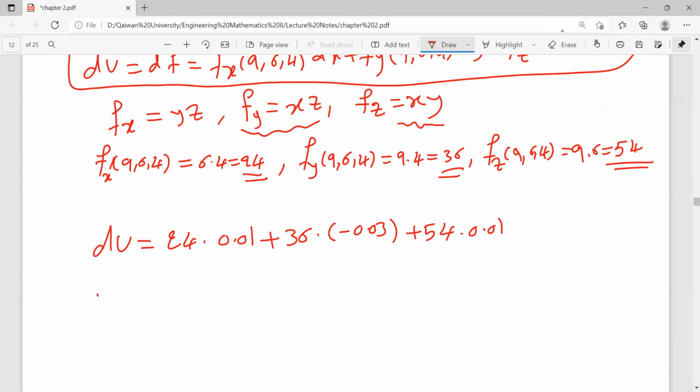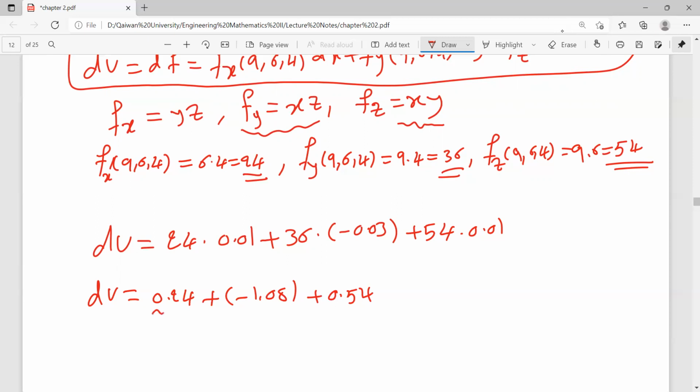Let's calculate this. dV equals: 24 times 0.01 is 0.24, plus 36 times minus 0.03 is minus 1.08, and then 54 times 0.01 is 0.54.